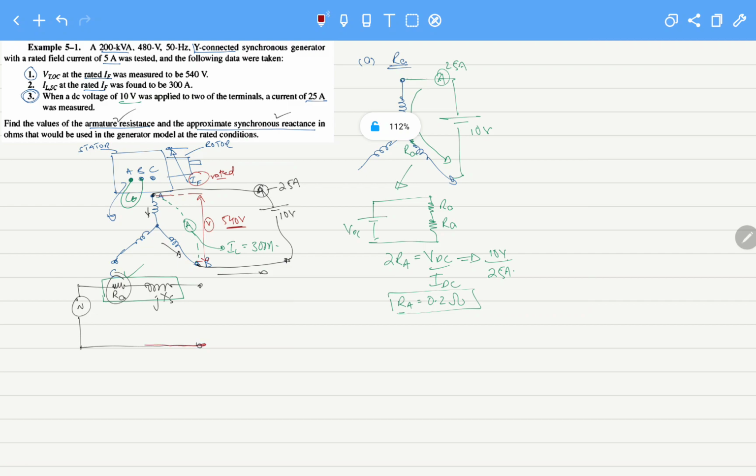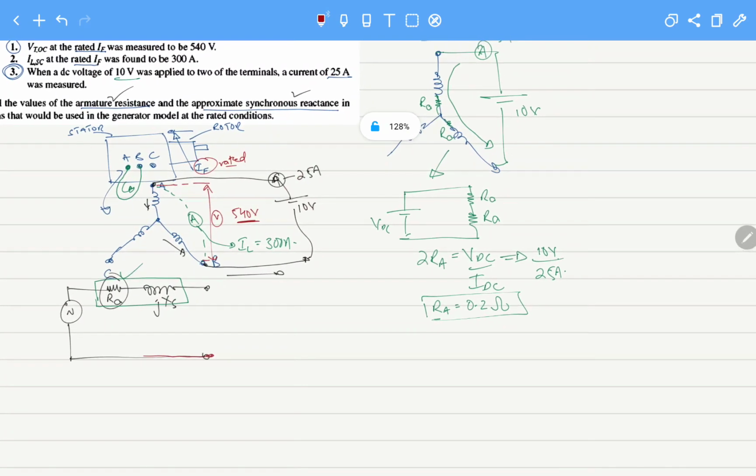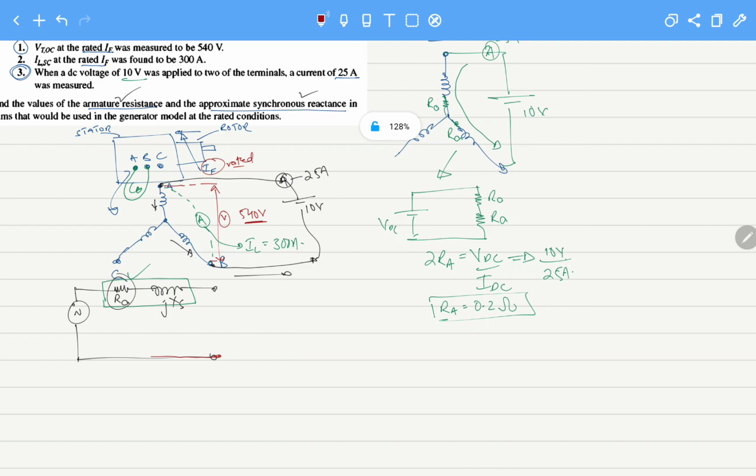The first thing we need to do, as it is a no load condition, is calculate V terminal open circuit. In the open circuit, this will be the value, and this is the same value as this one for the open circuit.